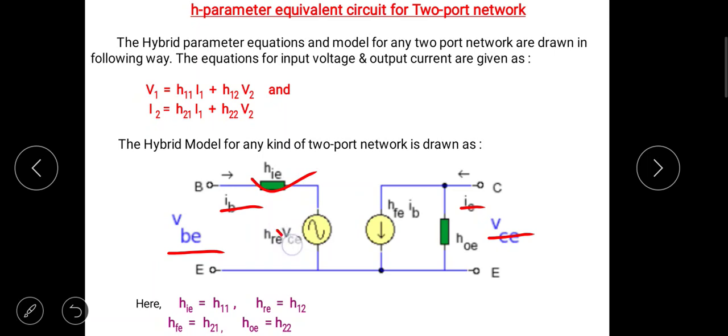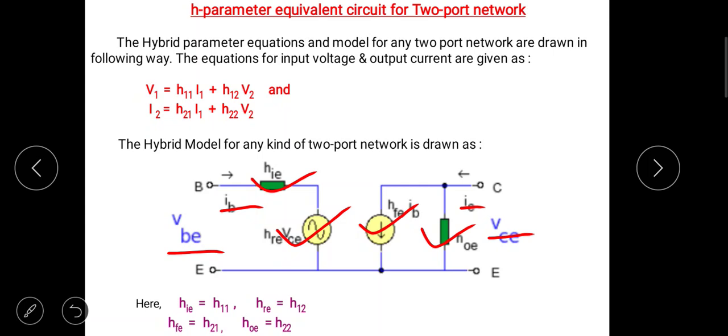The second parameter is H12 from the above equation, which is a voltage source. Then on the right side, this is HFE, which is parameter H21, the current source. And the fourth parameter is HOE, the output admittance, also taken as H22 in the above equation.